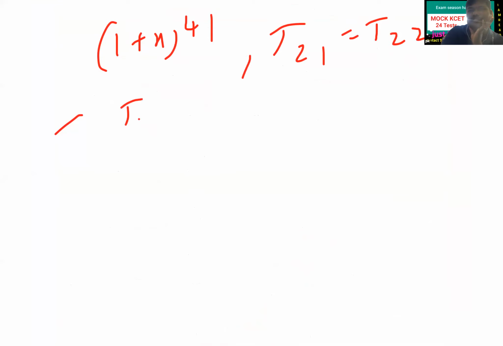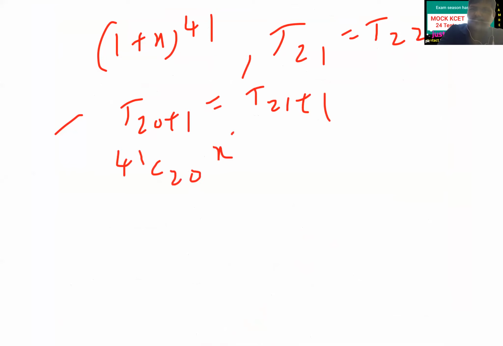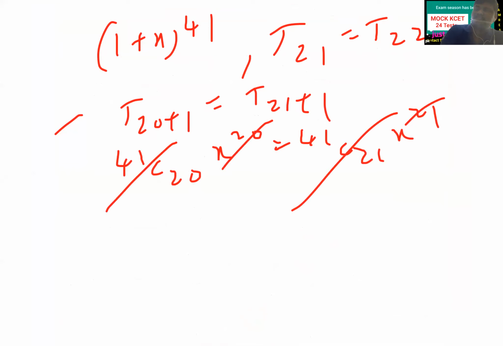T21 means you can write T(r+1) with r+1 equal to 21. Correct? So writing this, 41C20 x^20 is equal to 41C21 x^21. These two cancel. x is equal to 1.